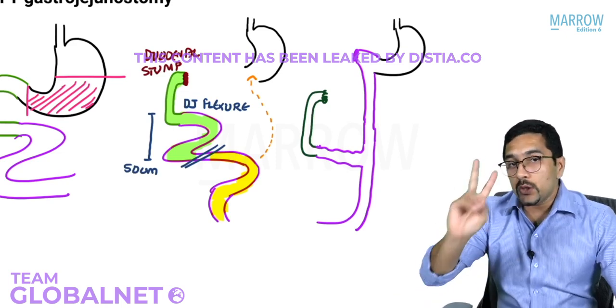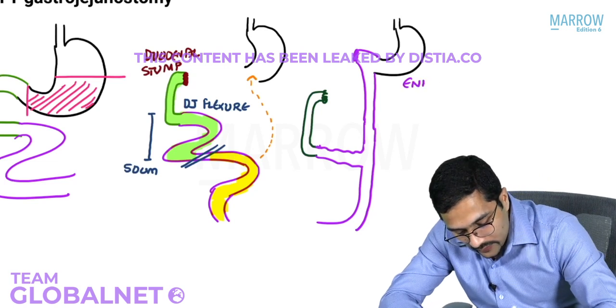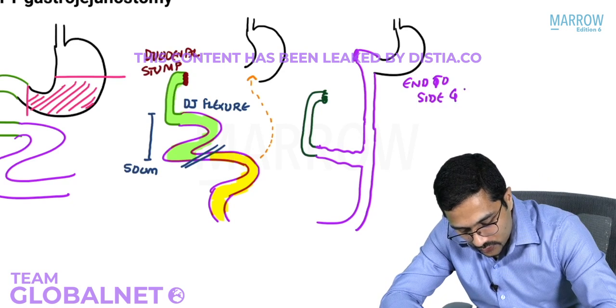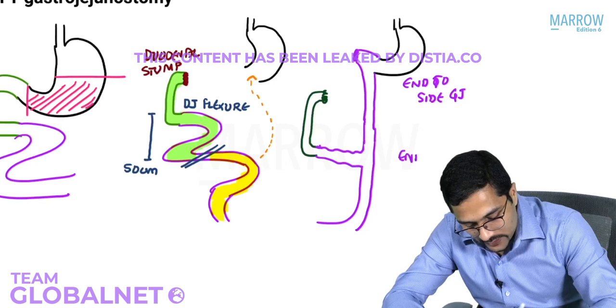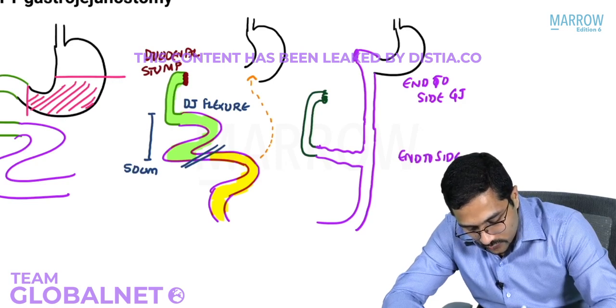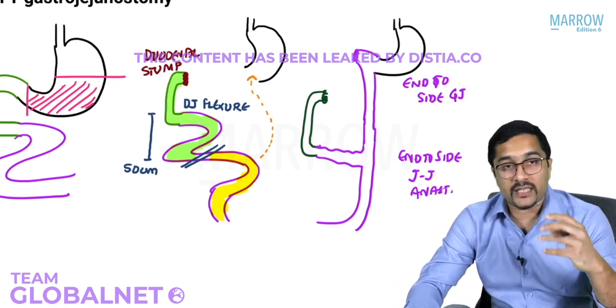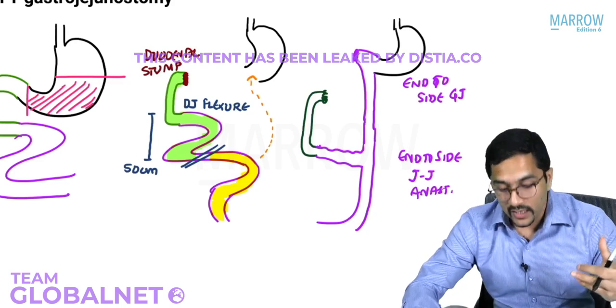So here I've done two anastomoses. I've done an end to side gastrojejunal anastomosis, and I've done an end to side jejunojejunal anastomosis. Right, so two anastomoses have been done here as opposed to a single anastomosis in Billroth 2 or Polya reconstruction.